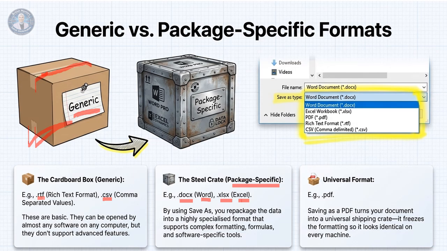They support complex formatting, formulas, and software-specific tools. Additionally, saving as a .pdf is like using a universal shipping crate that freezes your formatting so it looks identical on every machine.